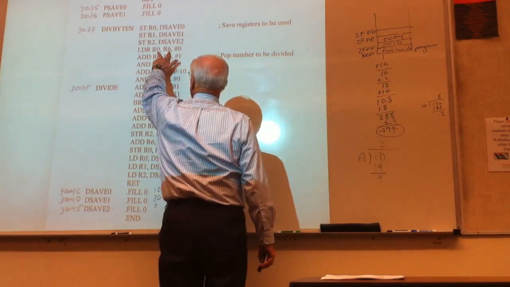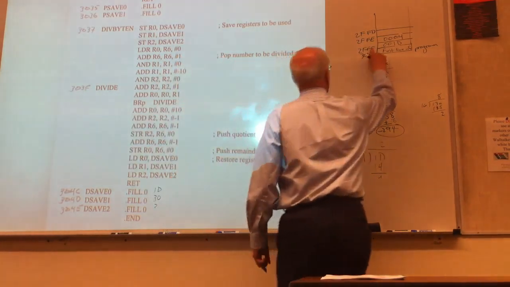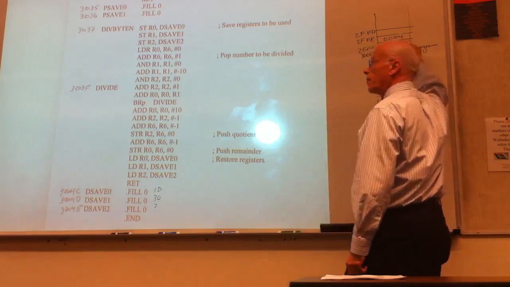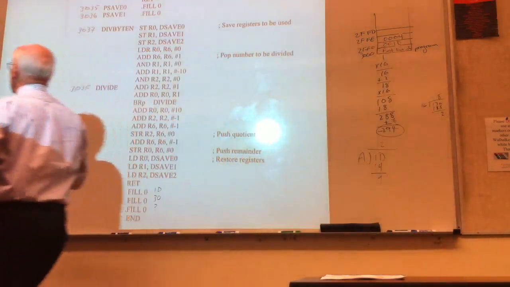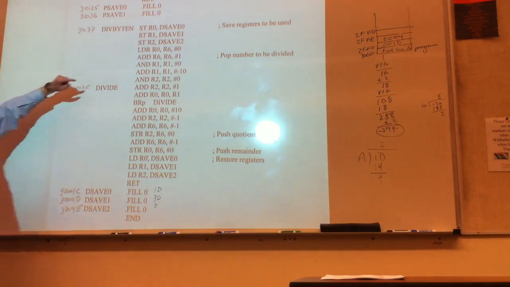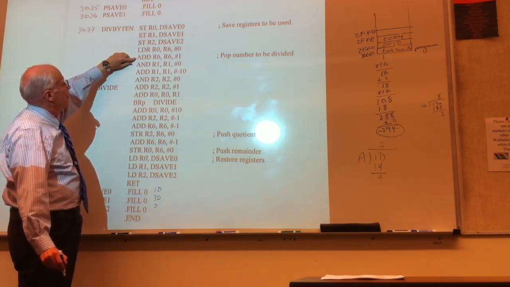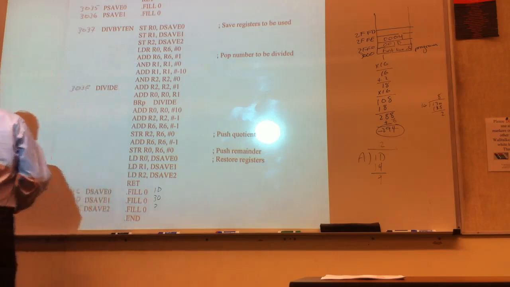Okay, so now I load register 0 to FFF right here. Okay, so register 0 now has a 1D. Well, that happens to be what was already there, but that's coincidence as far as we're concerned. And we add 1 to register 6.